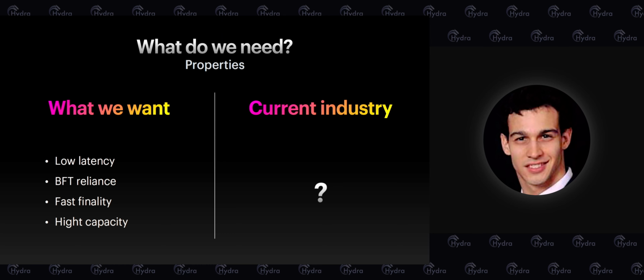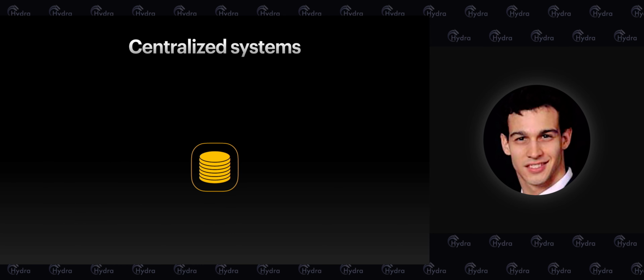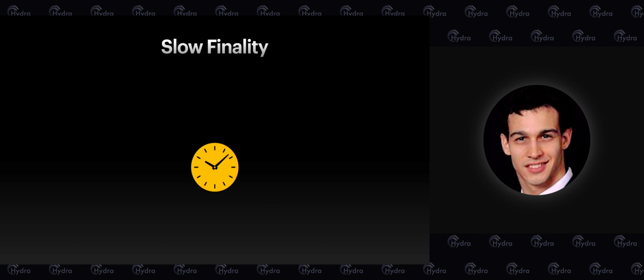So the current state of the art, or current industry, let's say, is fairly disappointing. First, retail payment systems are centralized, usually built on mainframes and have a manual switch or a weekly automatic switch to have a master-slave architecture. Slow finality: if we look at the European TARGET2, for instance, it takes minutes.